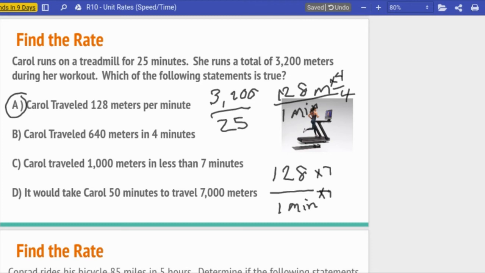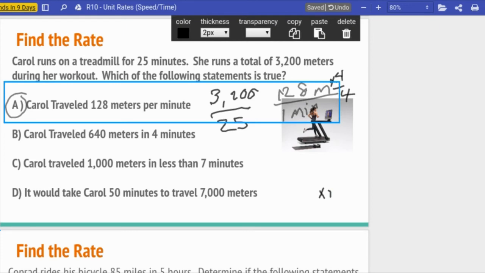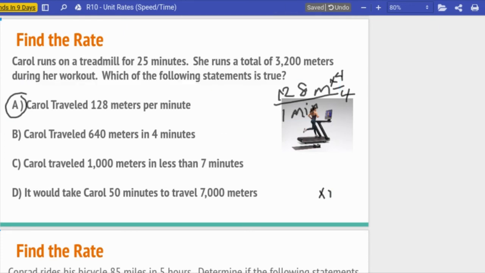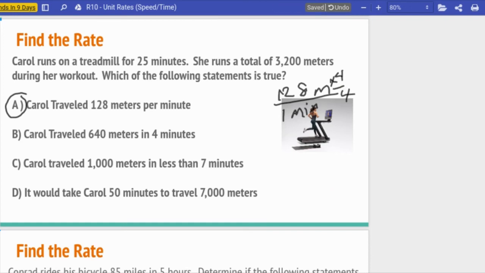It would take Carol 50 minutes to travel 7,000 meters. And delete these so that I can have a little bit more space to write here. Okay, so let's see. 128 meters per minute.